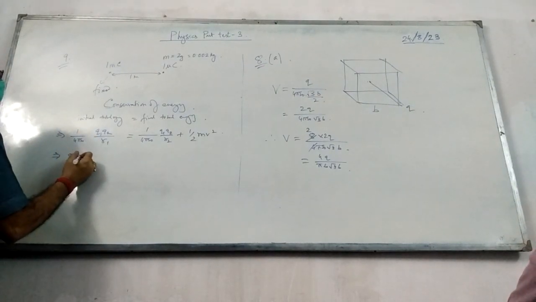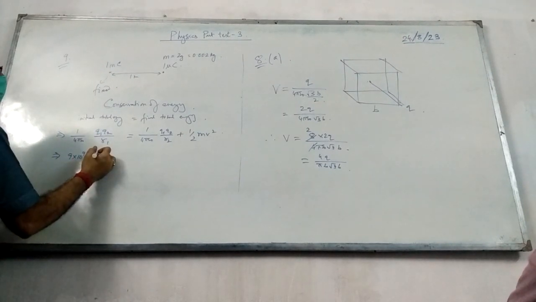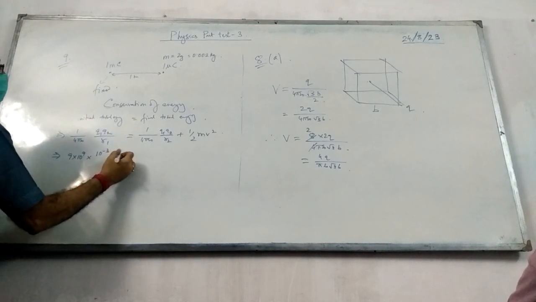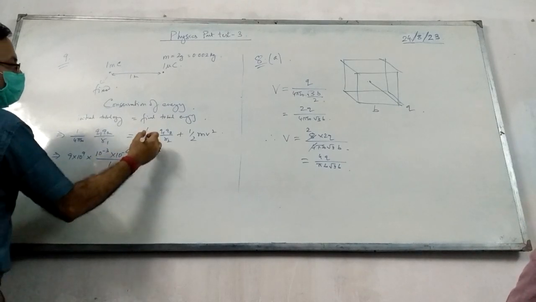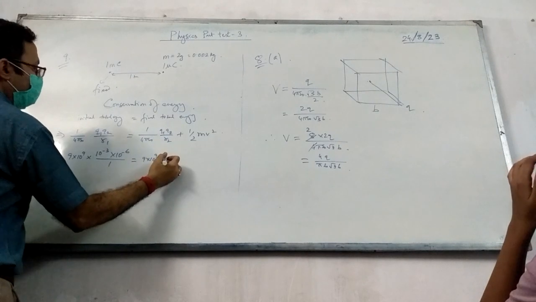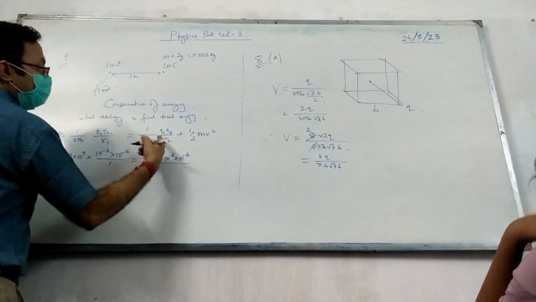So this will be 9 into 10 to the power 9 into Q1 and Q2 is 1 millicoulomb. Milli is 10 to the power minus 3 into 10 to the power minus 6 by R1 is 1 meter, and 9 into 10 to the power 9 into 10 to the power minus 3 into 10 to the power minus 6 by R2.